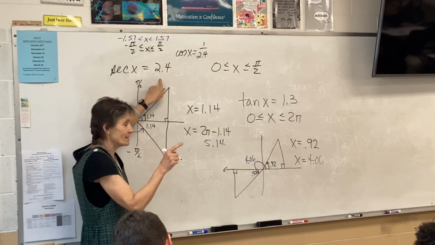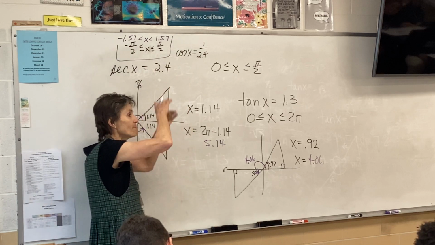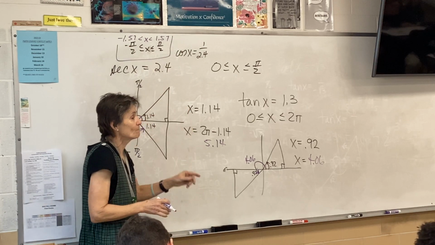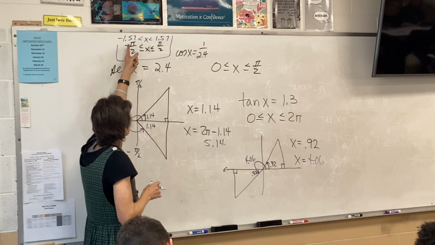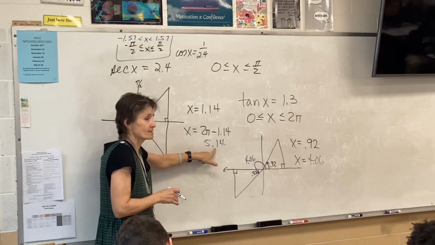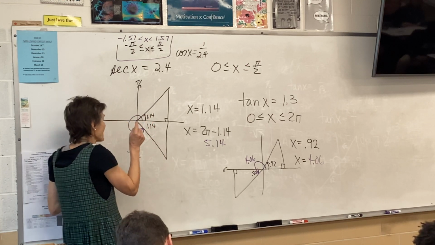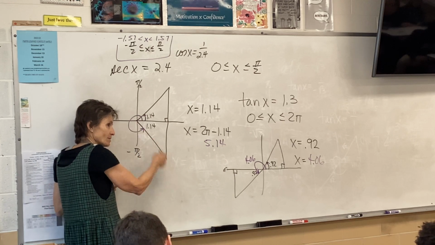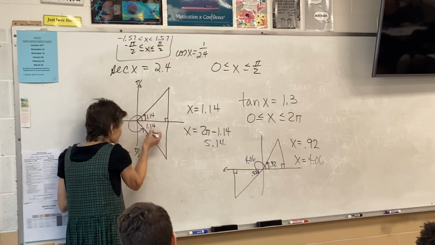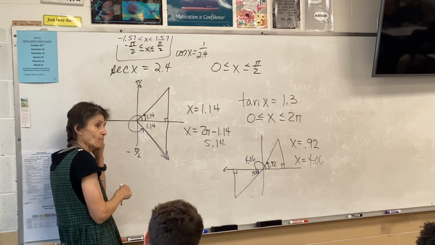The problem is, you have been told that of the infinitely many answers to this question, yours has to be between negative 1.5 and positive 1.5. This doesn't qualify. So then you've got to think, can I name this same angle in a different way other than 5.14?